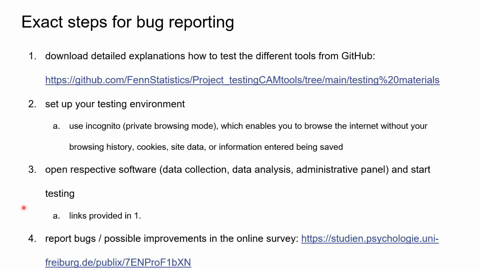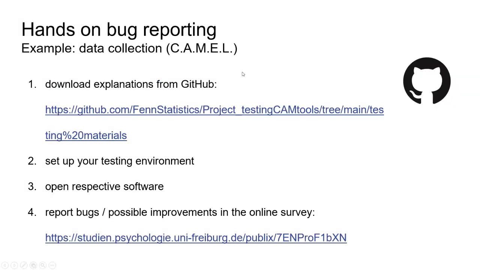And then in the next step, you open the respective software, the data collection tool, the data analysis tool, or the web page, and start testing, whereby links to the respective software are provided in this link, in the first step. Now finally you report bugs or possible improvements in my bug reporting template.